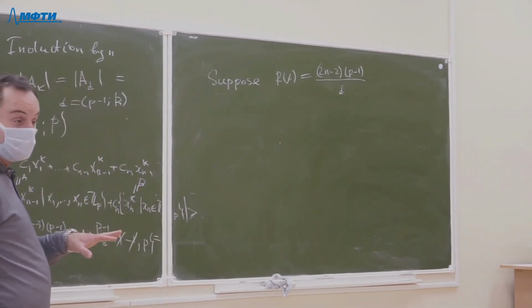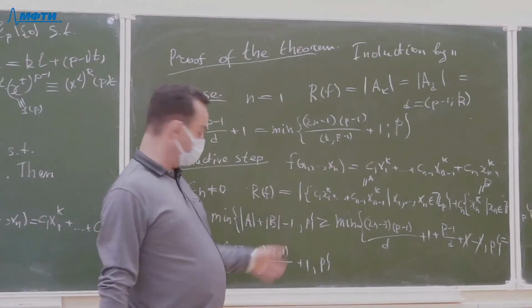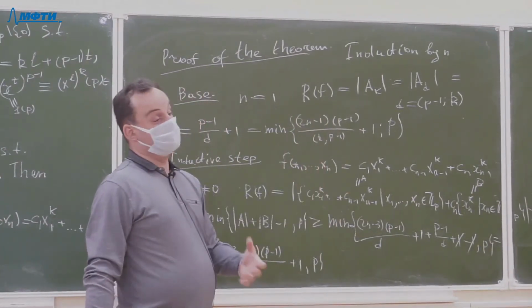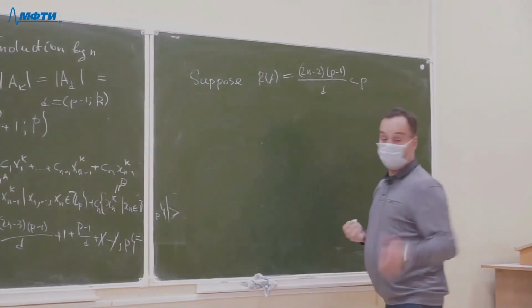If this is already greater than P, then everything is shown. So we have to suppose that this is strictly smaller than P.